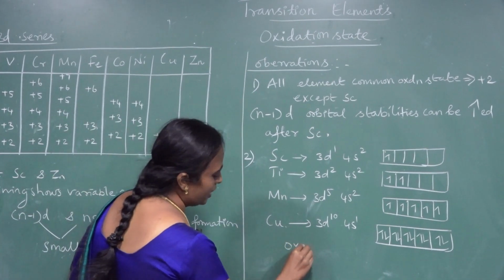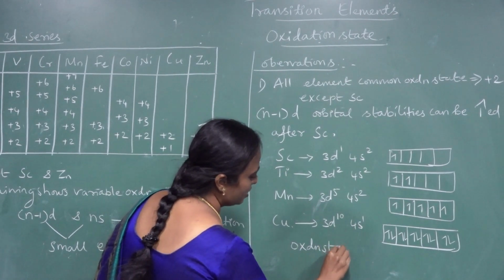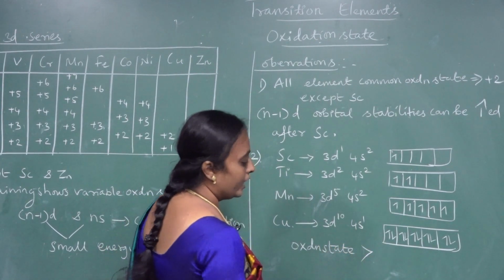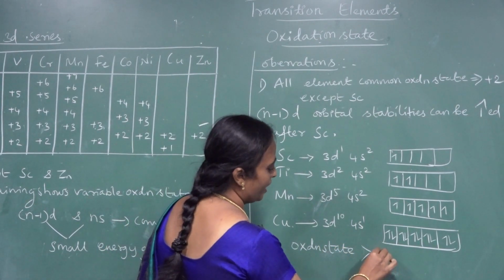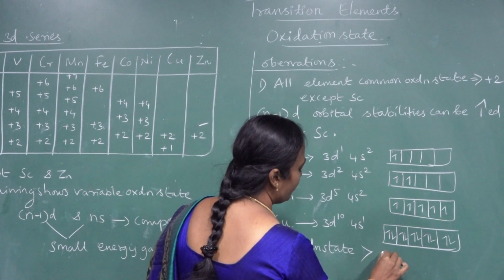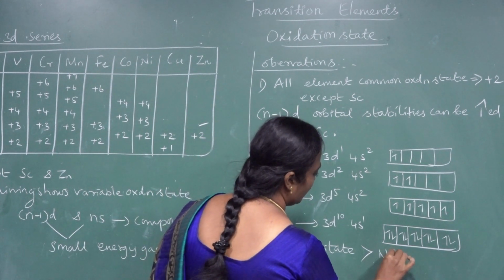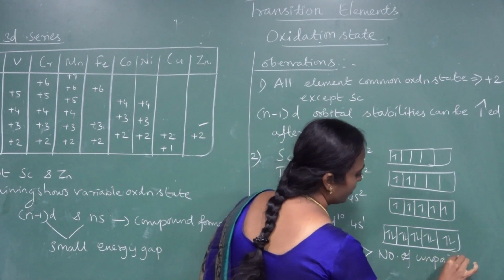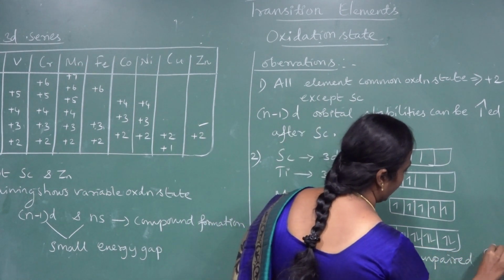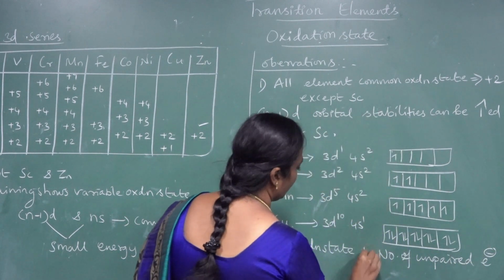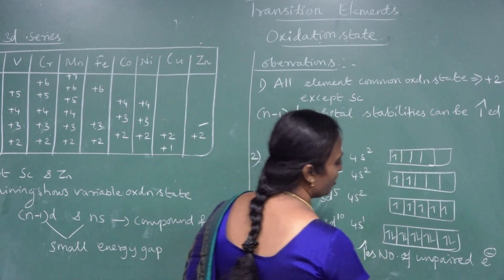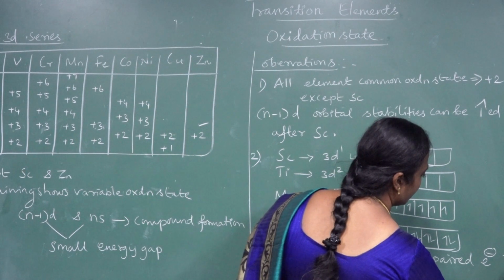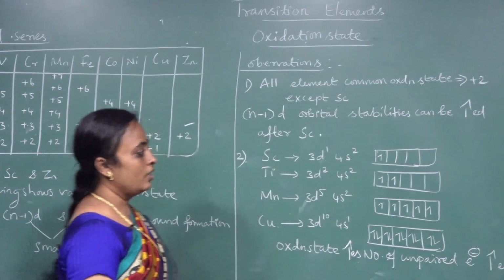The oxidation state increases when the number of unpaired electrons increases. Okay. So now I will explain.